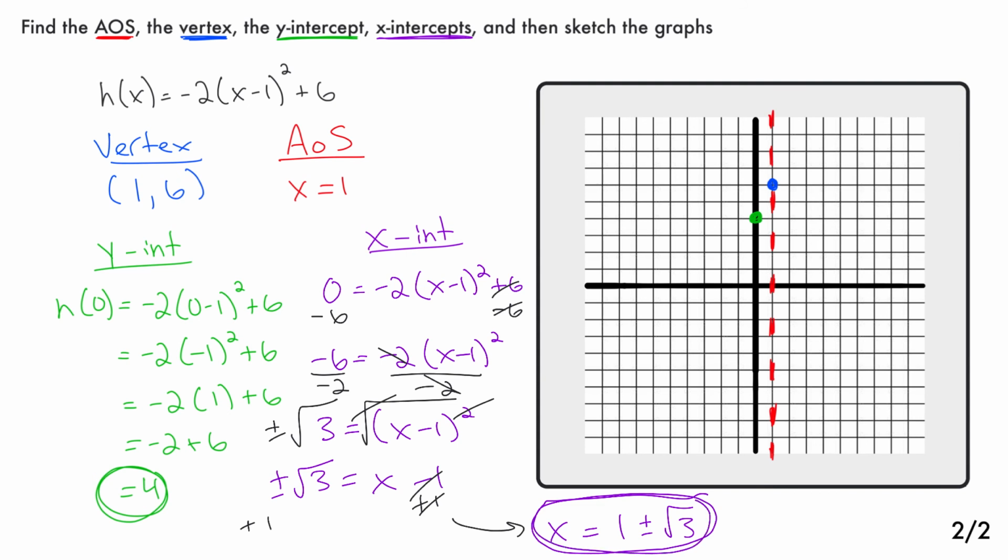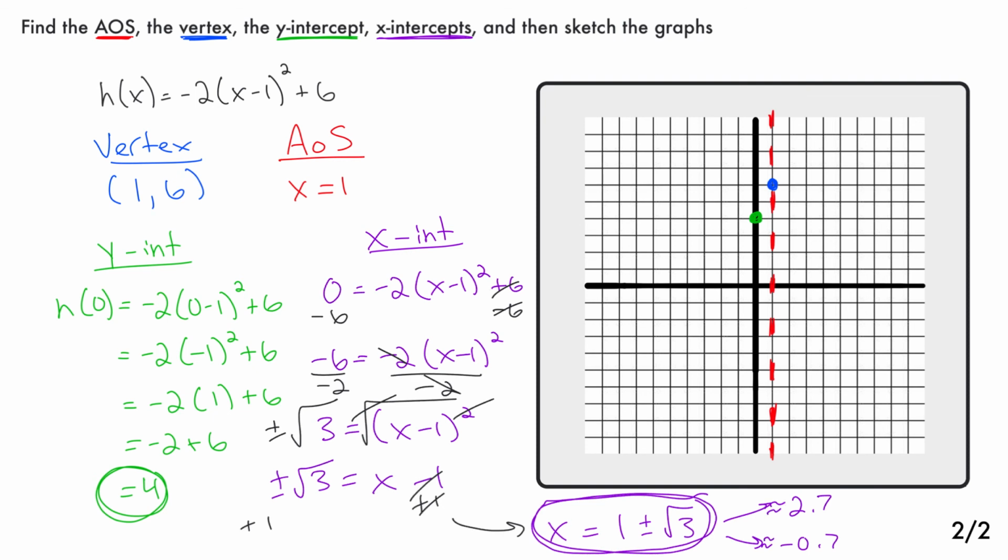However, seeing as how we're trying to graph, it might be beneficial for us to find the decimal equivalent so that we can graph this. So there are two answers here. The square root of 3 is roughly 1.7. So 1 plus 1.7 is 2.7. 1 minus 1.7 is negative 0.7, roughly.